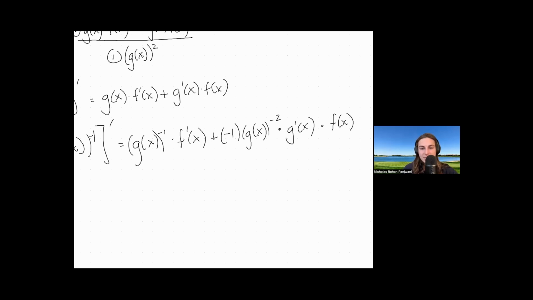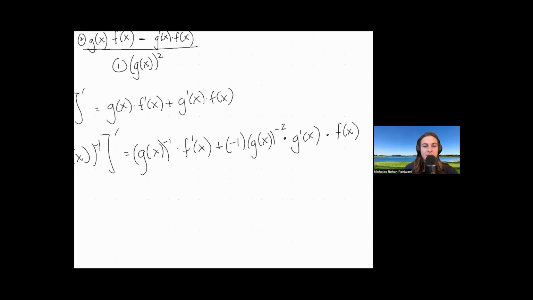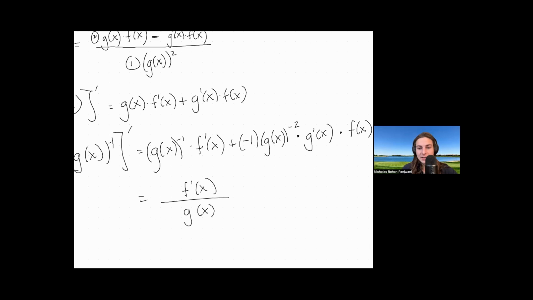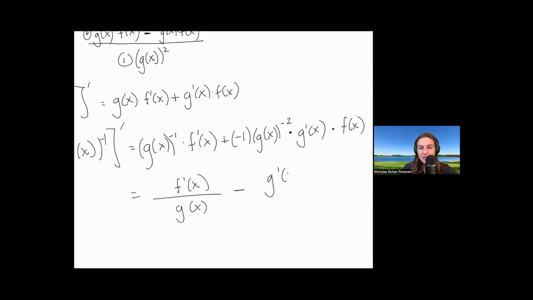So again, all of this matches up except for if we were to try and get it. Okay, first let me rewrite this. So what this is, is f prime of x divided by g of x, plus, but then we have this negative 1, so it's minus g prime of x times f of x all over g of x squared.